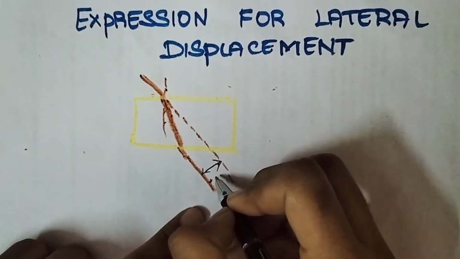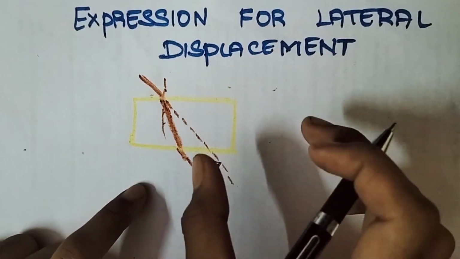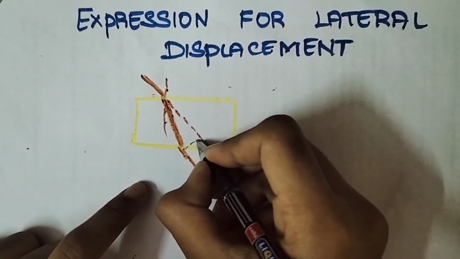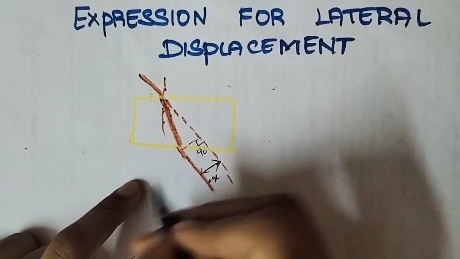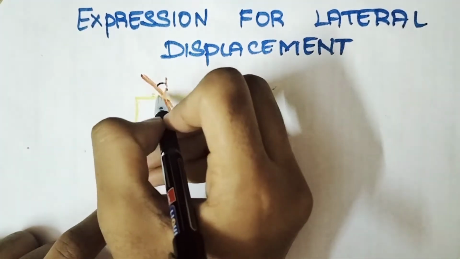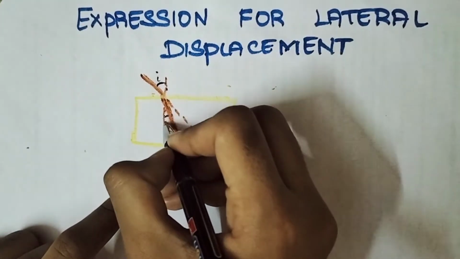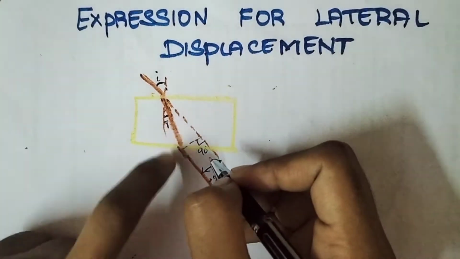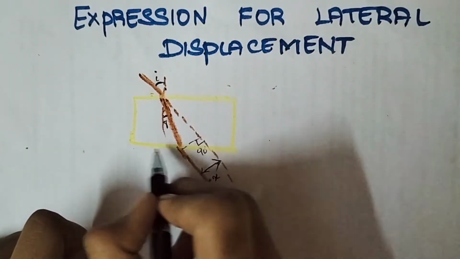Clear? So let's take it as x. This distance should be perpendicular, don't forget that. Then we can draw it as 90 degree, and then this is the incident angle, correct. This is the incident angle, and this is the refracted angle. One more thing, again this ray acts as the incident to this plane, this side.